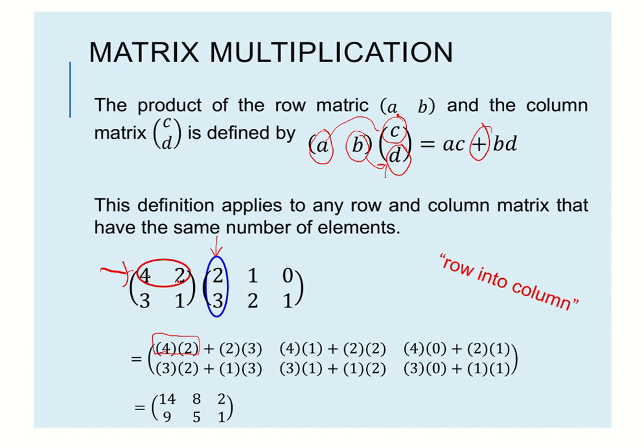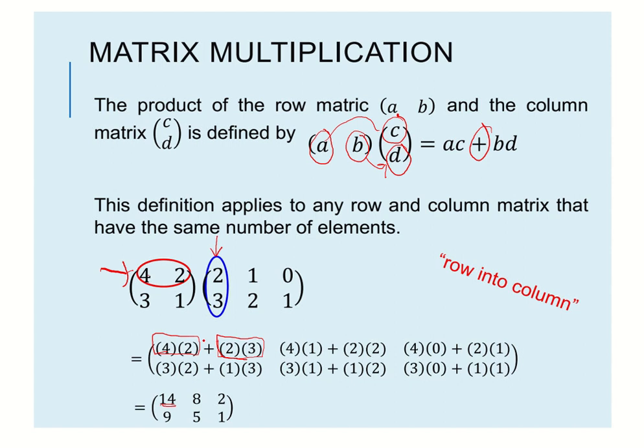After that, the second entry multiplied by the second entry, so we have 2 times 3 here. Now we sum the products, so this is 8 plus 6, which is 14. So the 14 is the sum of these two products.